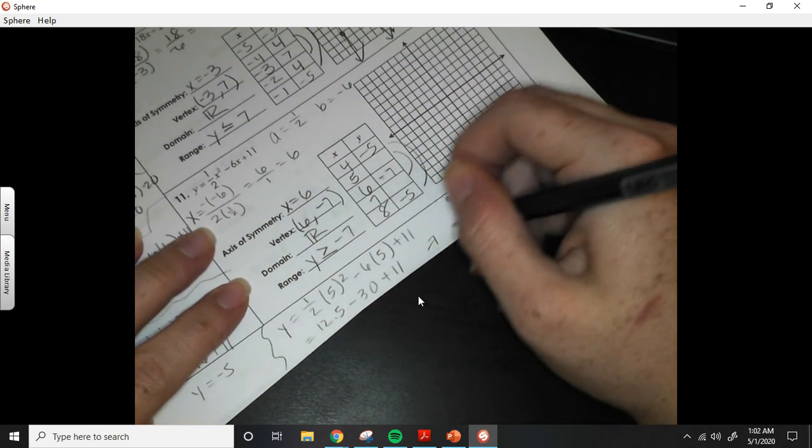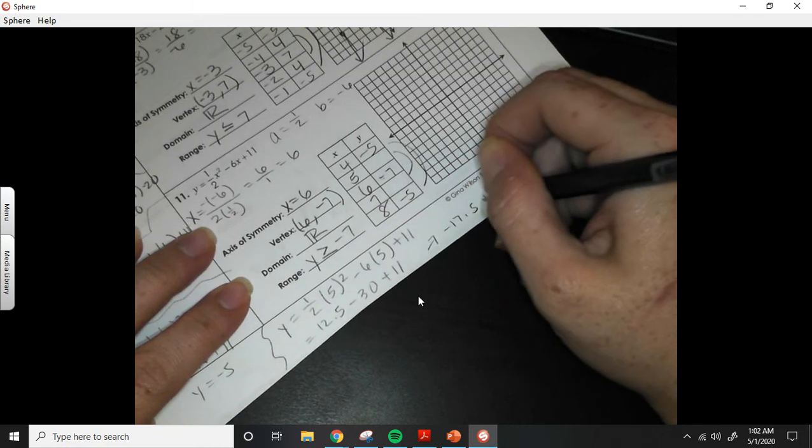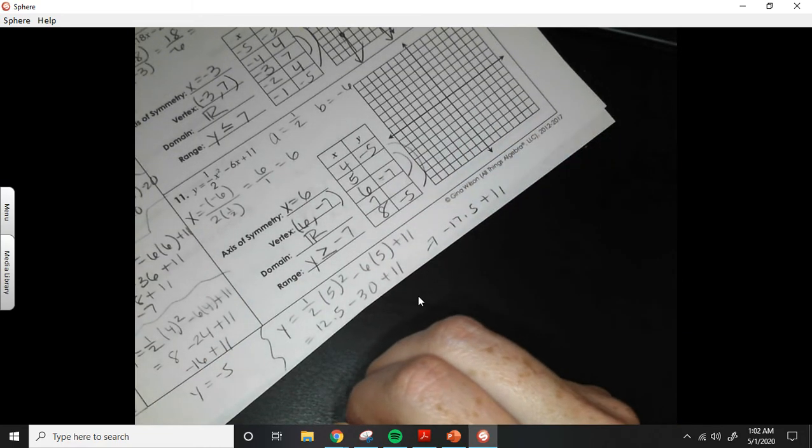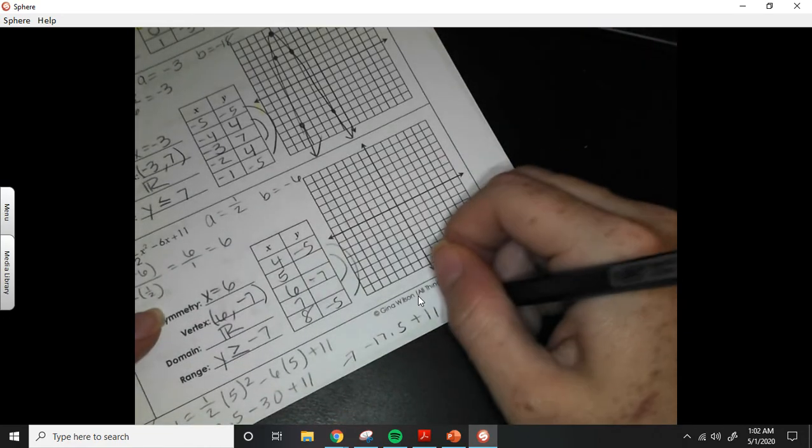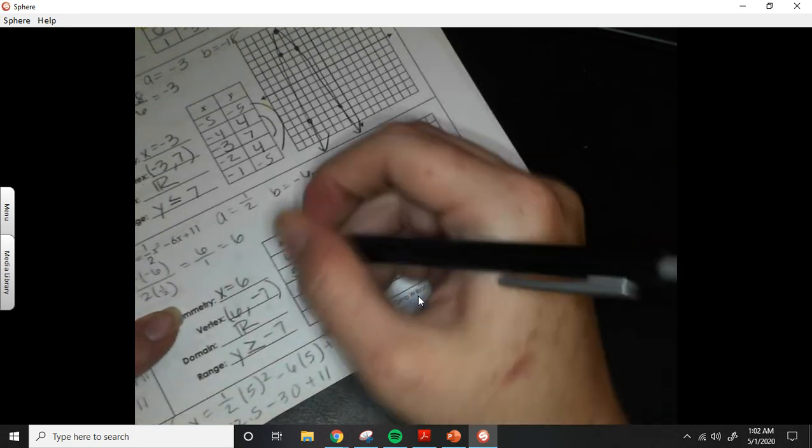Well, 12.5 minus 30 is negative 17.5, plus 11 is negative 6.5, and that's what it's going to be here.